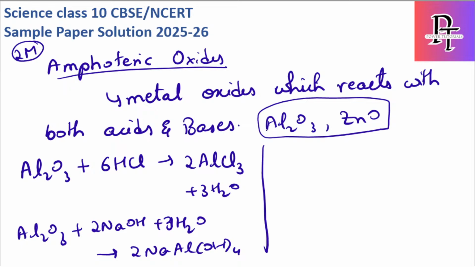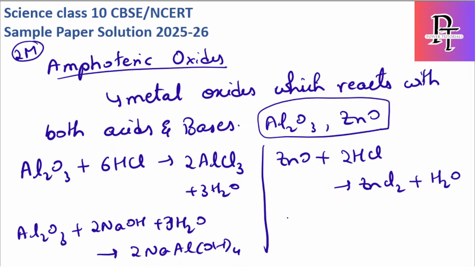Same way for zinc oxide, ZnO plus HCl gives rise to ZnCl2 plus what? So let's balance this, 2 hydrogens, so 2 HCl.